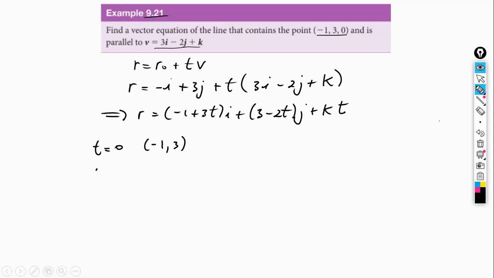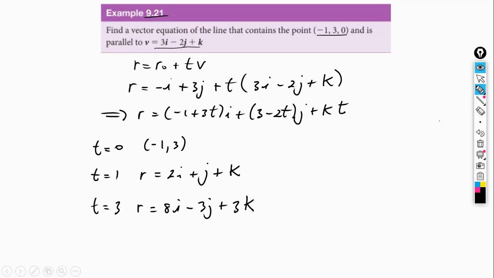If t is equal to 1, then r is equal to 2i plus j plus k. If t is equal to 3, we would get r equal to 8i minus 3j plus 3k, and so forth.